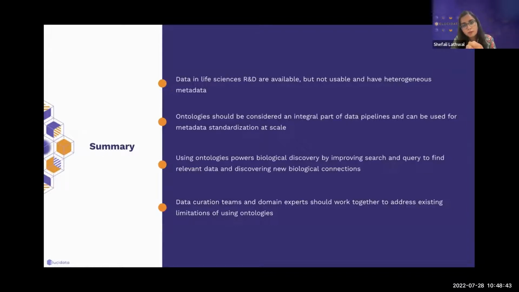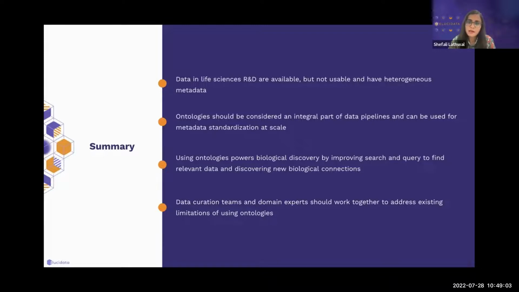And once you use ontologies to curate and standardize metadata, this can really improve findability of the data by allowing a better search and querying experience. And these ontologies also help us make new biological hypotheses by discovering hidden connections in the data.